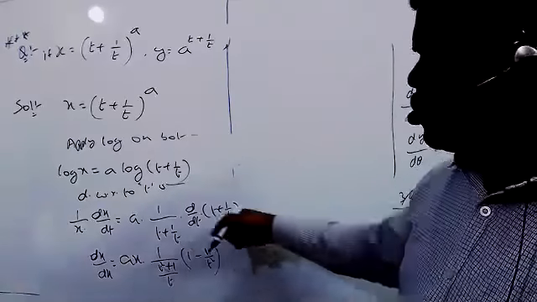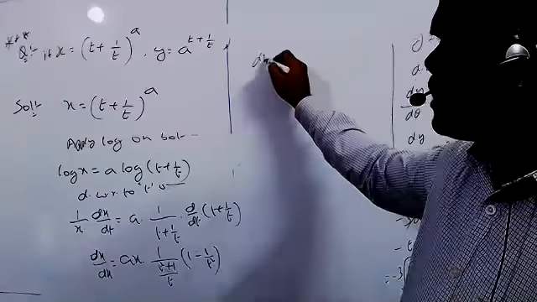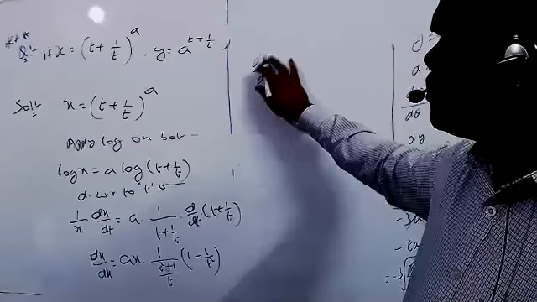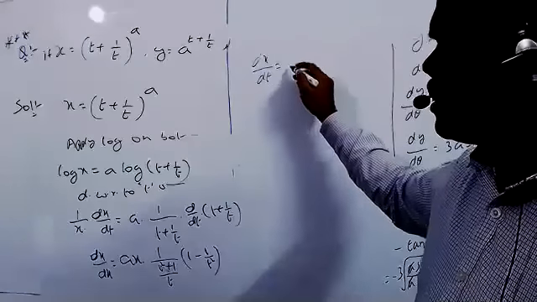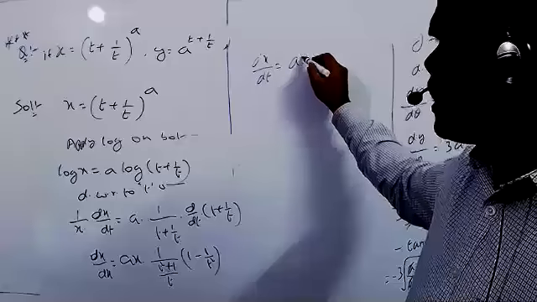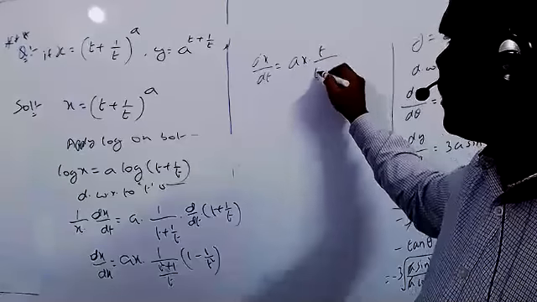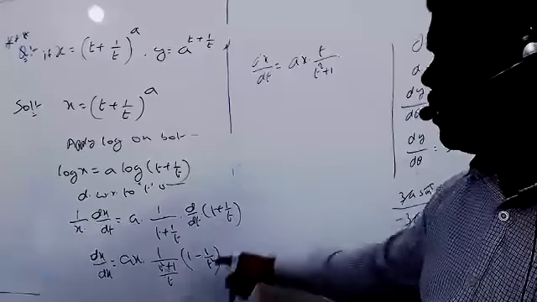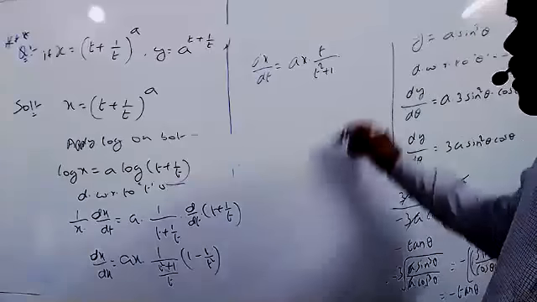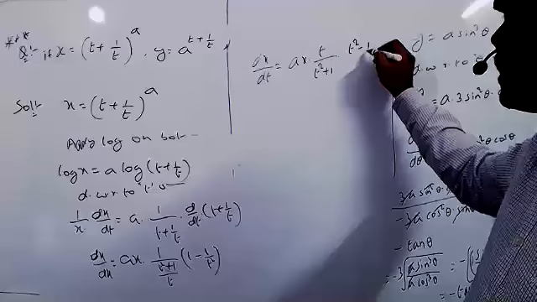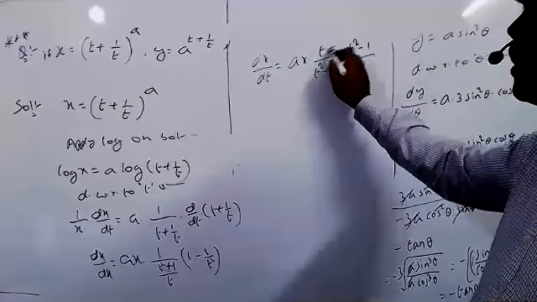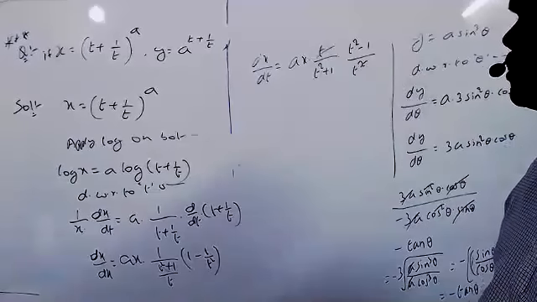So you can take reciprocal now. So dx by dt equal to ax into t by t square plus 1. Here also if you take an LCM, we get the value t square minus 1 by t square, and t and square will be cancelled.